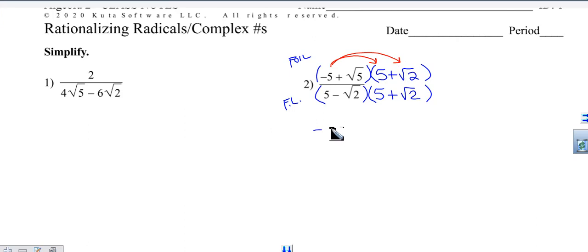That gives me negative 25 minus 5 square root of 2. Now I'll go back, take the second term, and distribute it times both terms in the second parentheses. That gives me positive 5 square root of 5 and positive square root of 10.